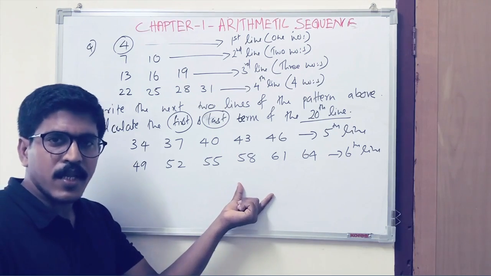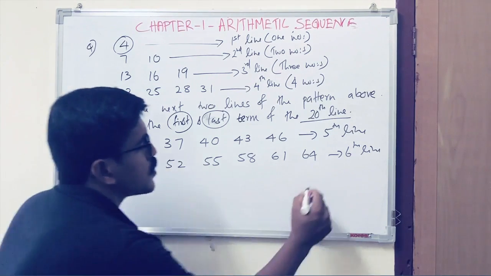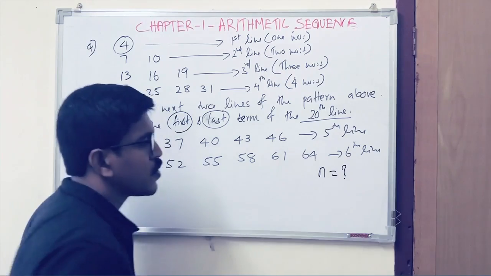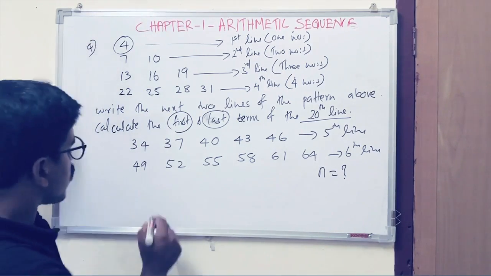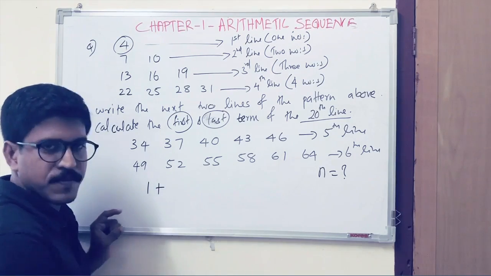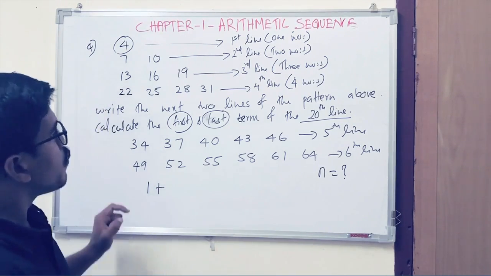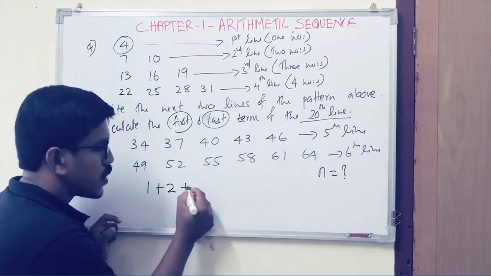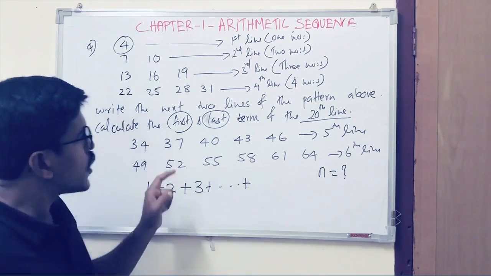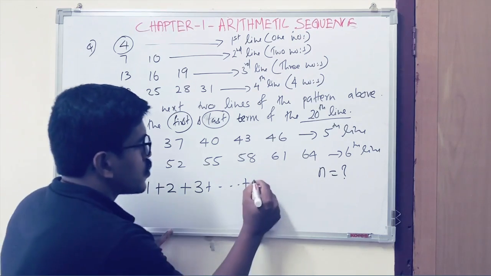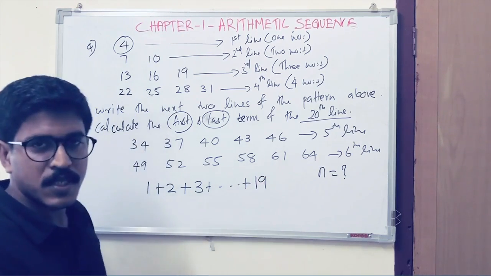That is n we need to find out. How are we going to find out? Here you can see the first line will be having one term, the second line will be having two terms, the third line we are having three terms, etc. It is sure that in the 19th line, 19 numbers will be there.